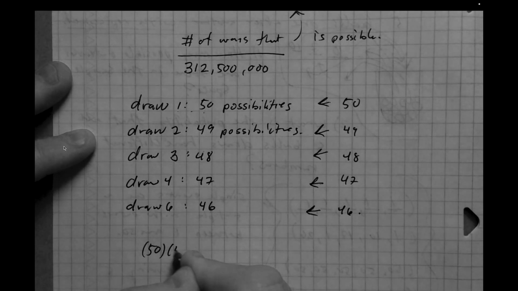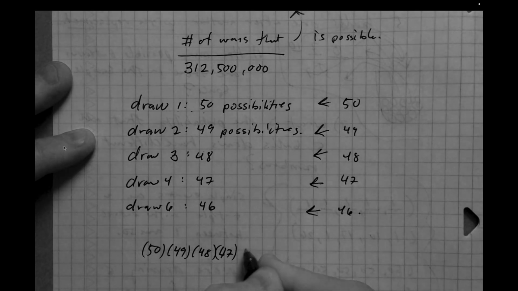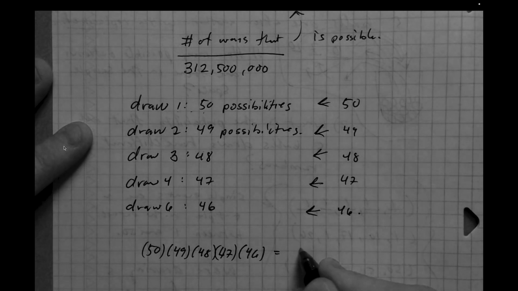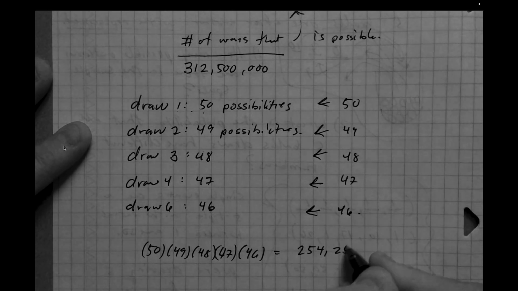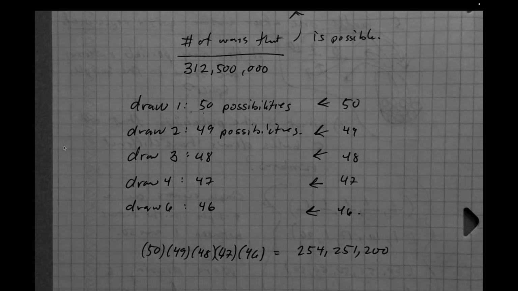So 50 times 49 times 48 times 47 times 46. Now, if you do that math, you'll find that this is 254,251,200. There are 254 million ways to do this.